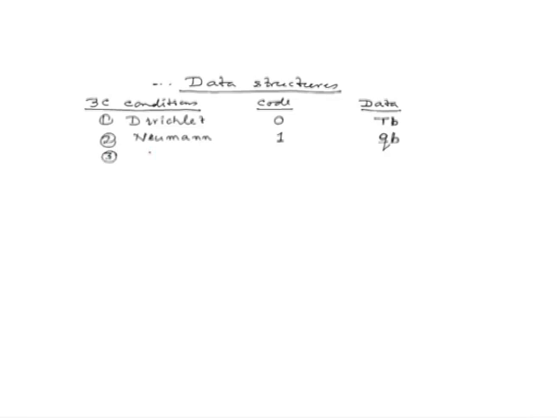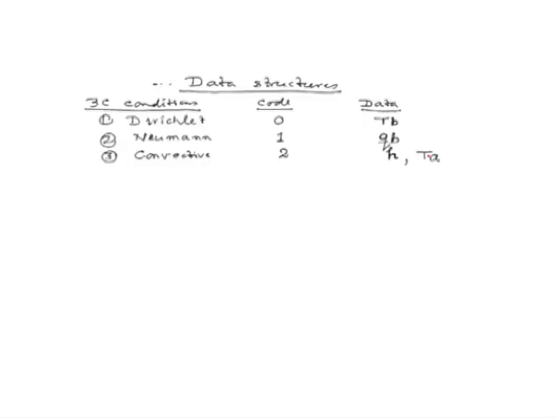Third case, the convective boundary condition. Let's use an integer code for it as 2, and what data do we need for it? We need the convective heat transfer coefficient H and ambient temperature TA.